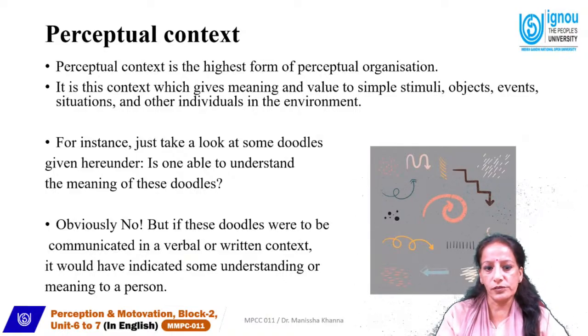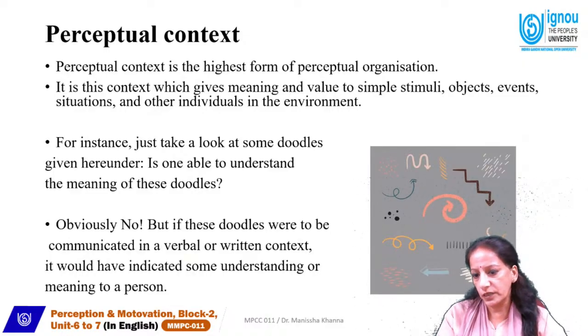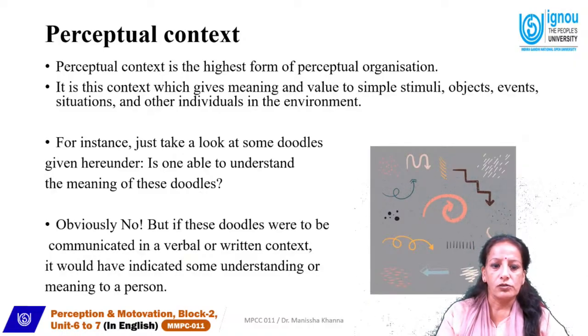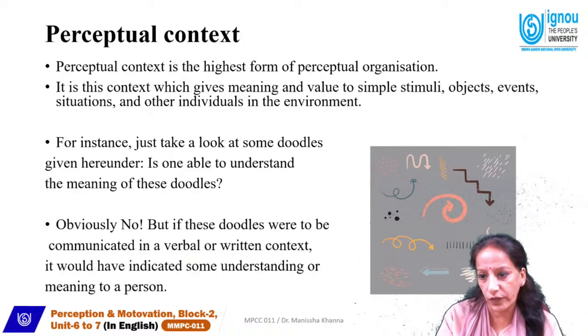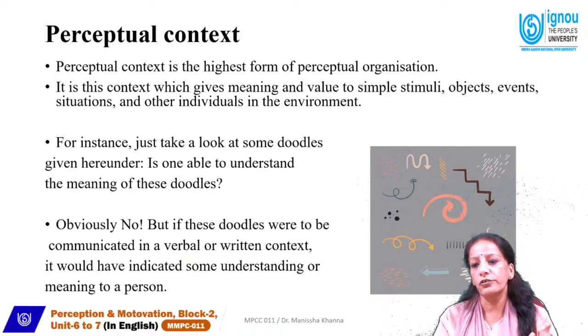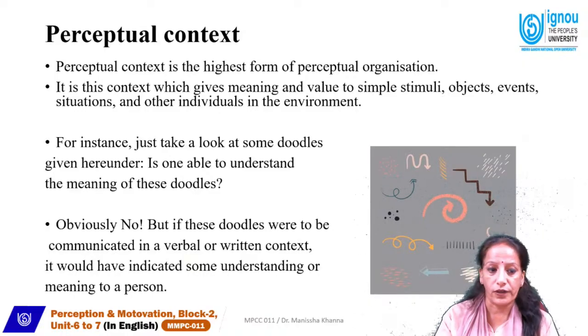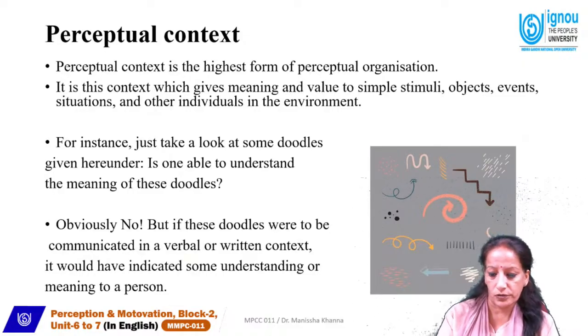Here, a lot of doodles are there. Is one able to understand the meaning of these doodles? Obviously not. But if these doodles were given some written or verbal context, it would have indicated some understanding or meaning to a person.